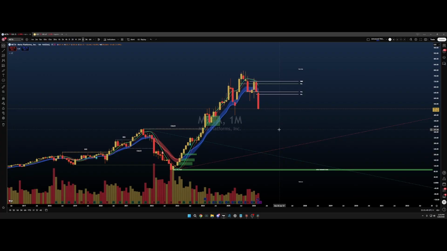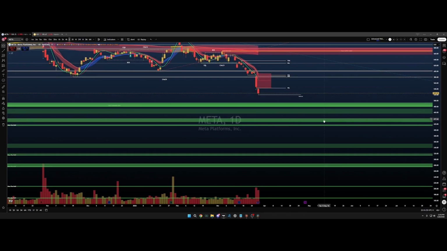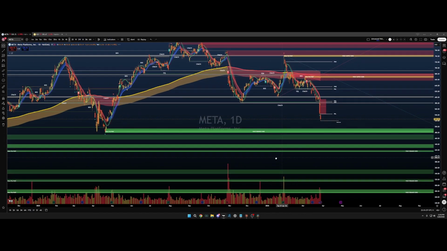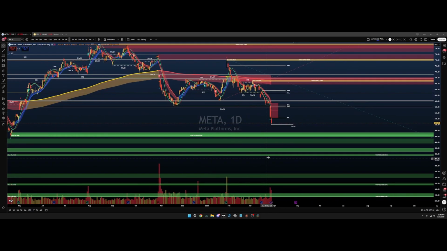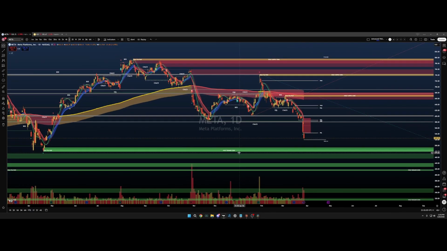So that was a significant drop after that confirmation. I'm gonna go ahead and look at the daily time frame. It looks like it has no support until we hit about $30 below its current level. This is what I mean by a structure that is not passing the S test.